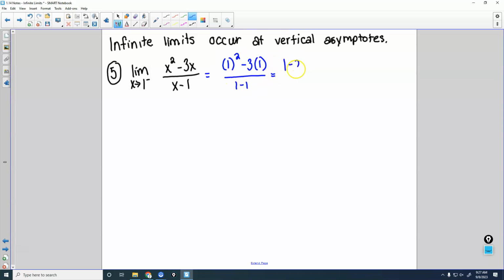That gives me 1 minus 3 over 0, which gives me negative 2 over 0. That is not 0 over 0. 0 over 0 would tell me to factor and try to cancel and try to do something else. But this tells me that the limit does not exist.